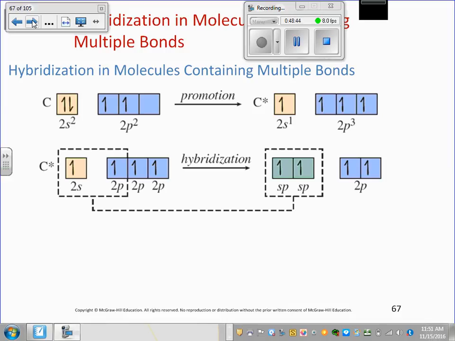So here's 1 sigma bond here. Here's 1 sigma bond here. Here's another carbon with 1 sigma bond. 1 sigma bond. We'll make these with hydrogen. What's left over? 2 of the p electrons.